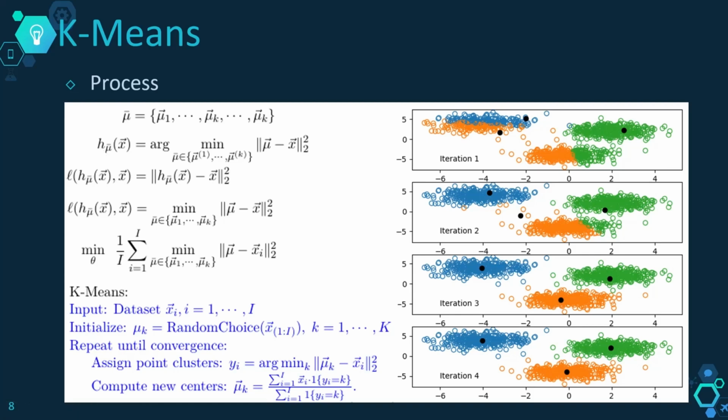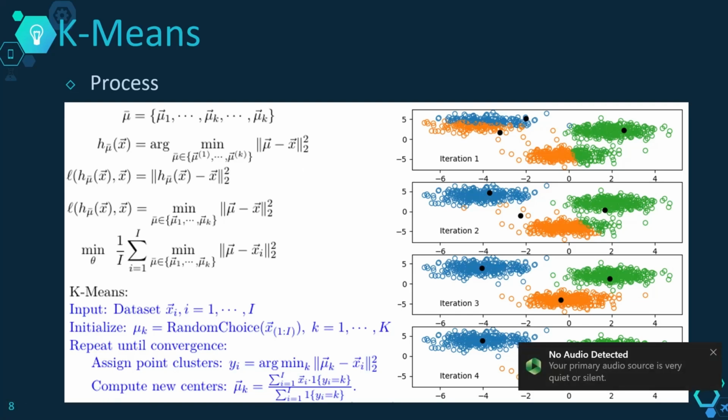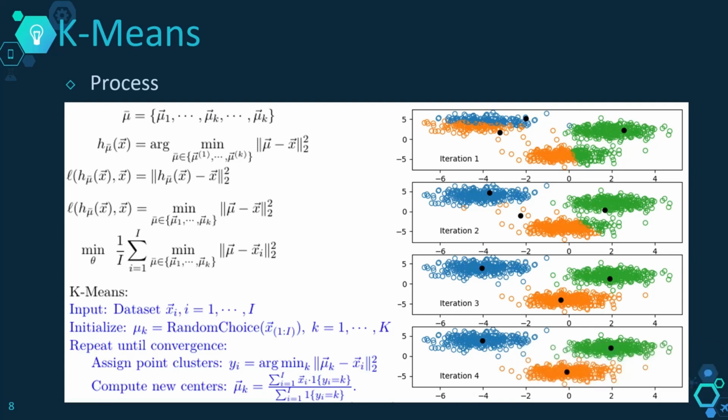It's defined by the equation. This is the hard part to understand. Can you understand the meaning of the equation? What does arg mean? If there's no arg, that means we need to minimize something, right? With the arg, that means we need to find parameters that minimize something. Here the parameters that we try to find are mu, right?